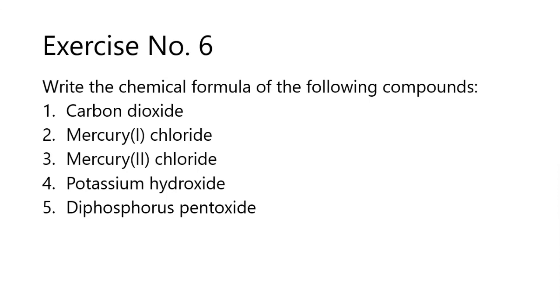Carbon dioxide has a chemical formula CO2. Mercury 1 chloride is Hg2Cl2. Mercury 2 chloride is HgCl2. Potassium hydroxide is KOH. Diphosphorus pentoxide is P2O5.